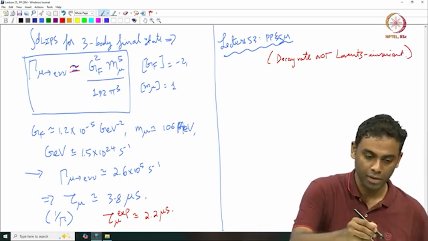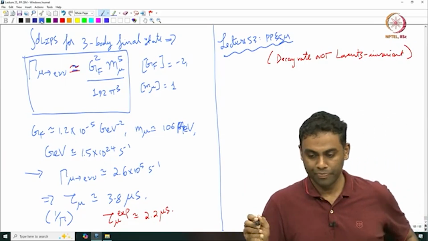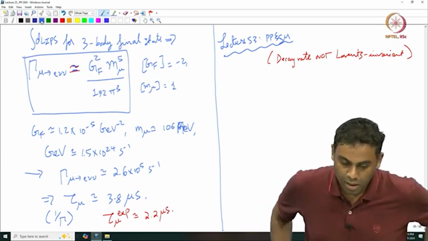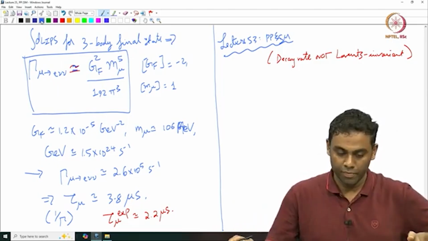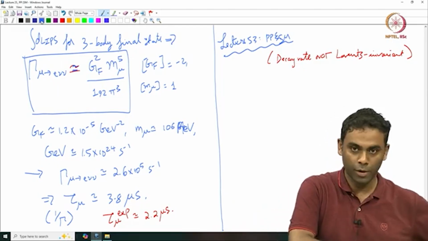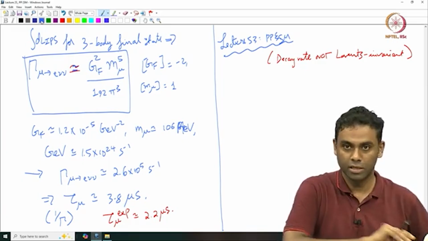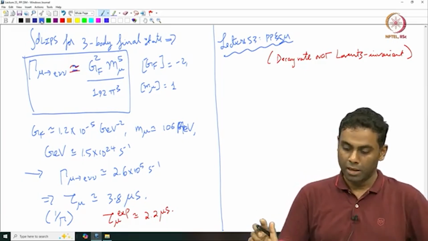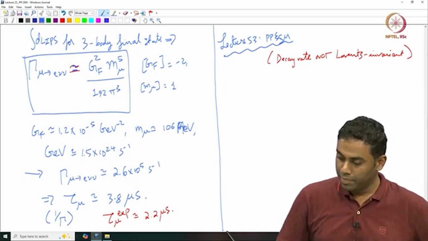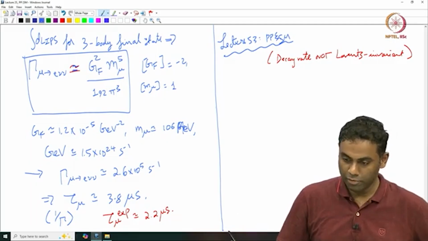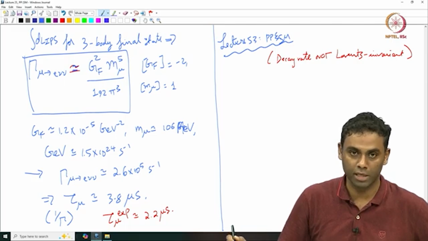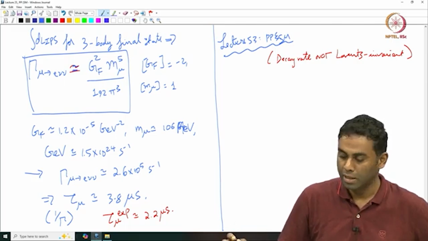Okay. So today we will see another way of thinking about and measuring these decay rates, by which I mean previously in the case of muon decay for instance, we got the lifetime to be about 2.2 microseconds, right, a few microseconds. What does that mean?